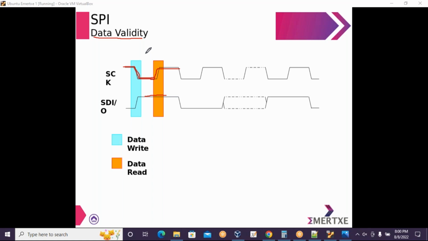This SPI protocol is edge triggered. Whenever the clock transitions from high to low, all the devices are going to write, meaning they transmit. And whenever there is a transition from low to high, all the devices are going to read, meaning reception is happening. And this is about the data validity.